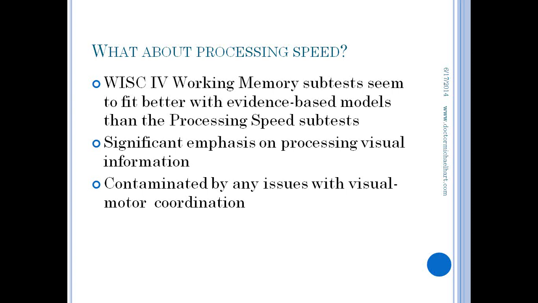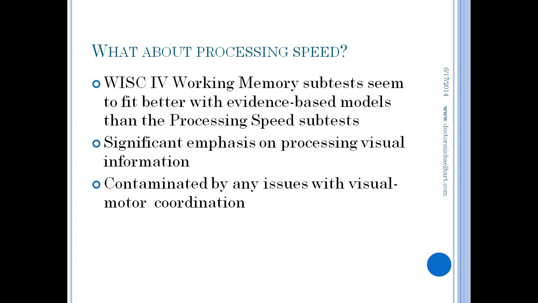And then in the WISC, you have all this emphasis on processing visual information, but it's oftentimes contaminated by any kid who has visual motor coordination issues. So in other words, we really need to tease out when we do the WISC and we do the processing speed subtests, do we really know what we're measuring? Or is there contamination there to the point where we need to do more?